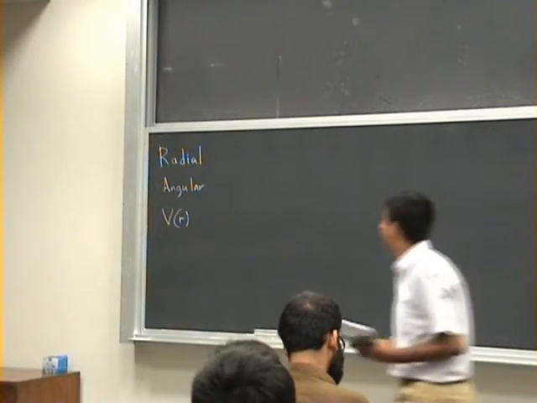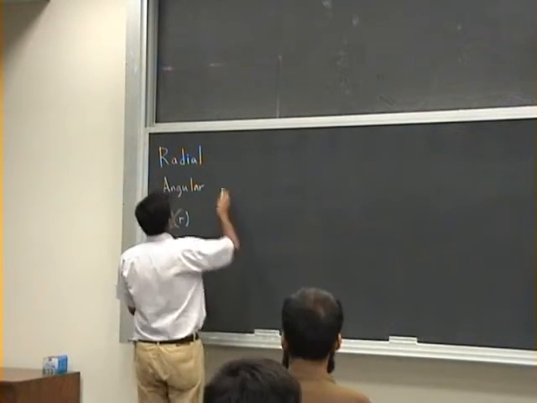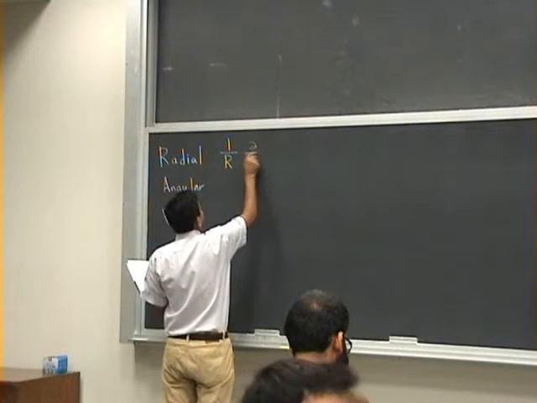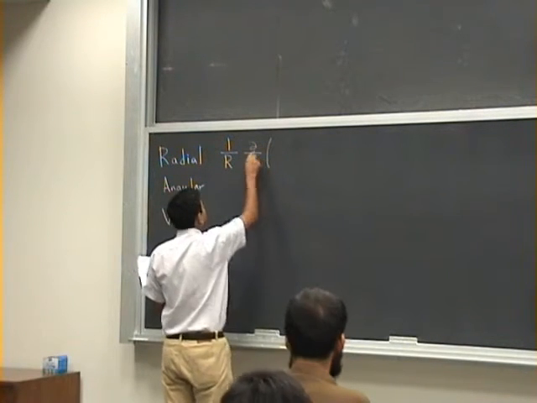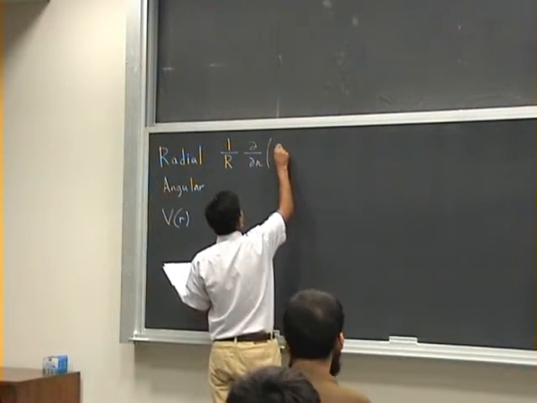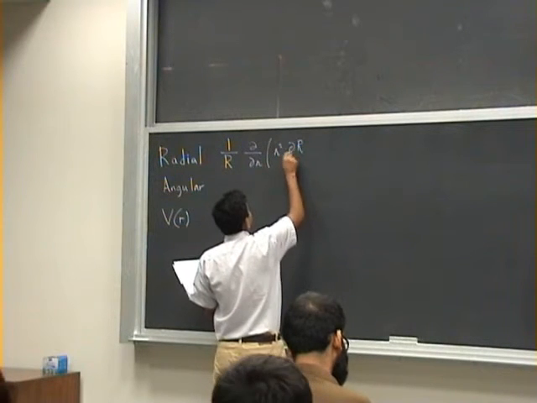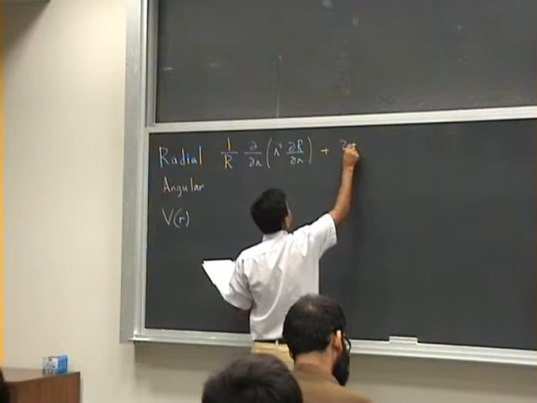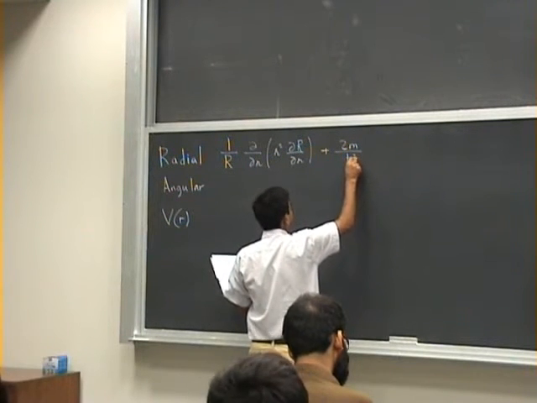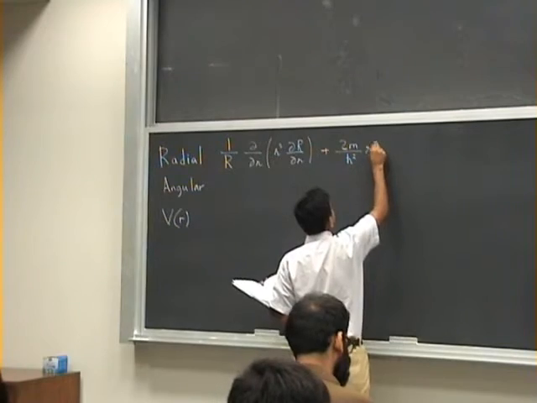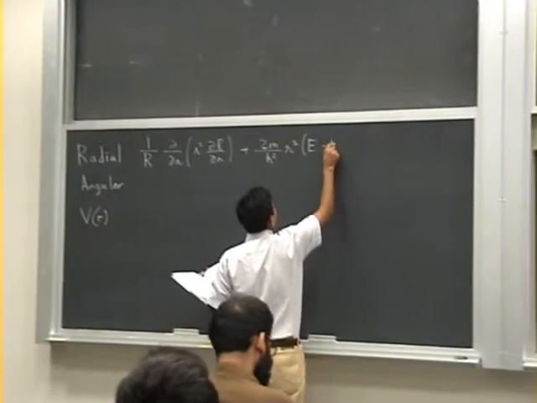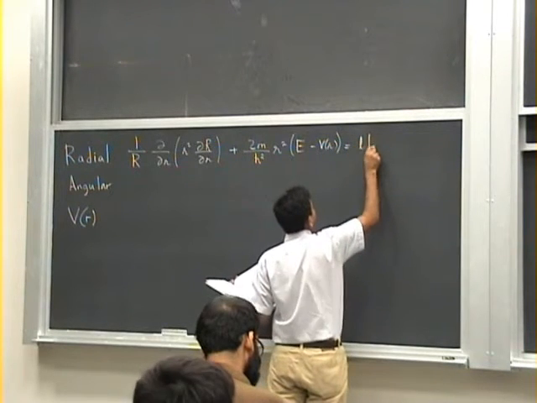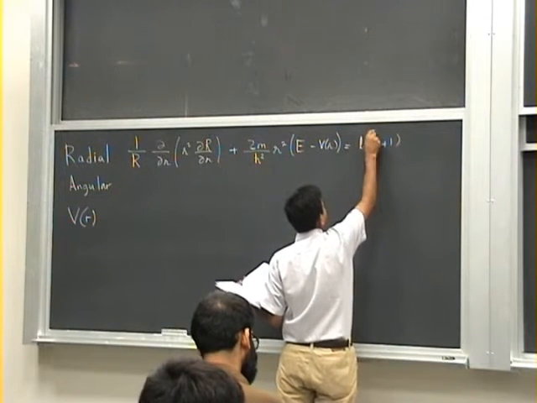So we left the radial part here: 1 over capital R, d by dr, r squared, partial R over small r, plus 2m over h bar squared, r squared, E minus V(r), and we call this constant L(L plus 1), right?